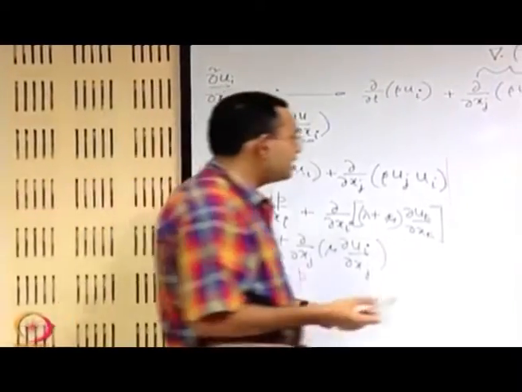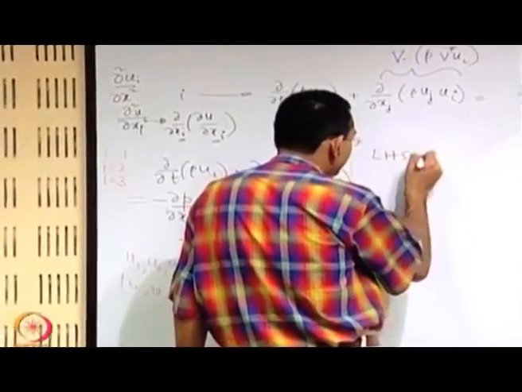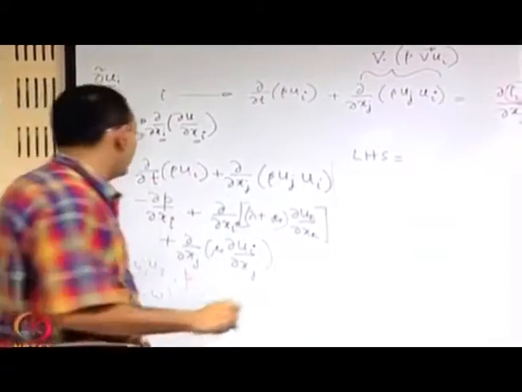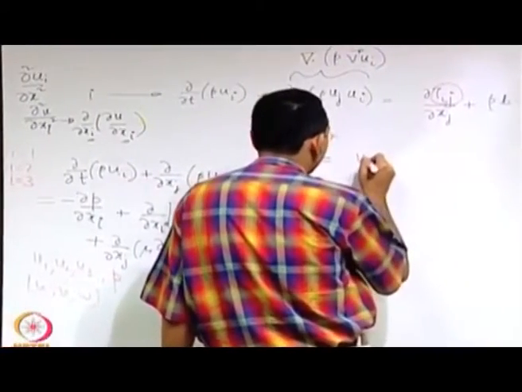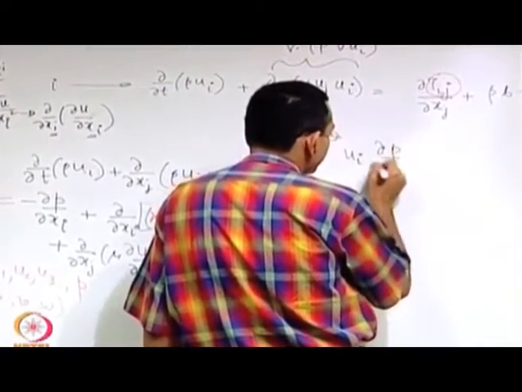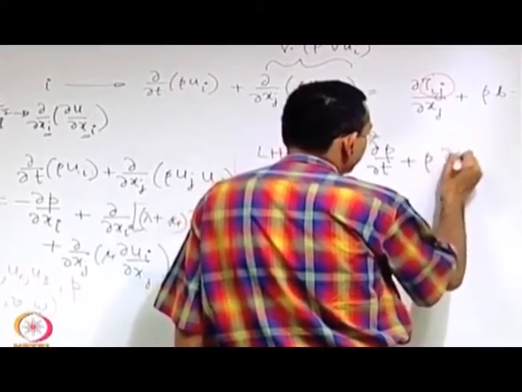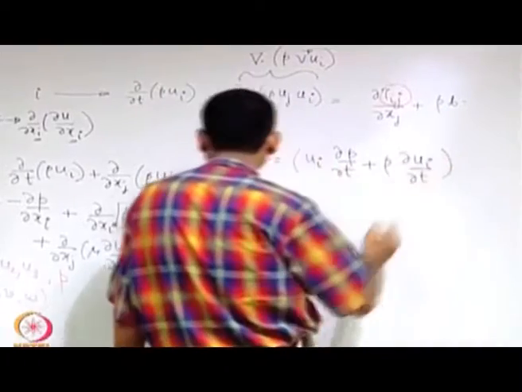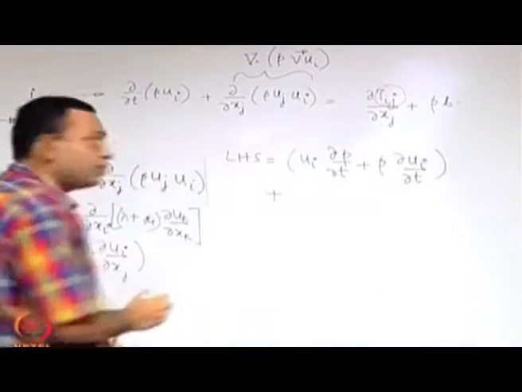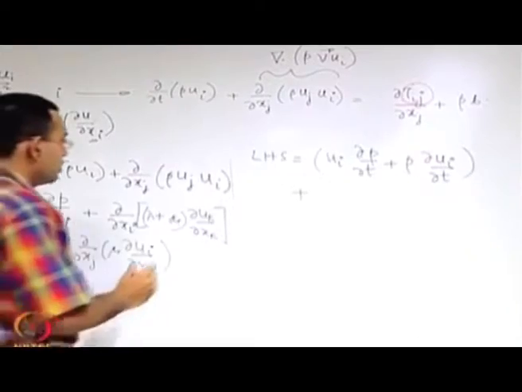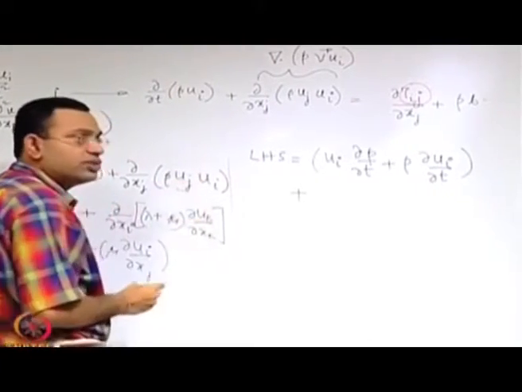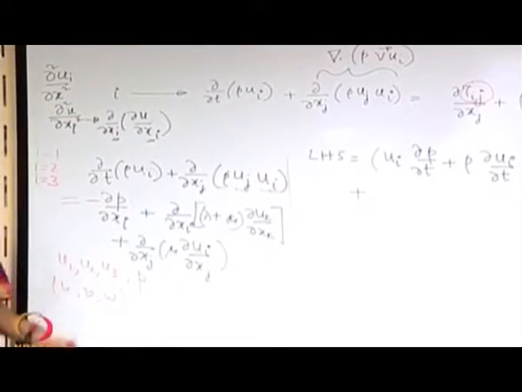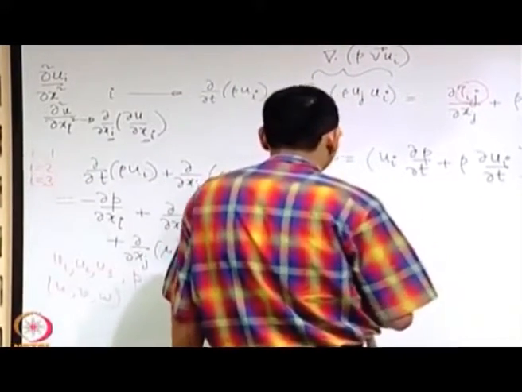To do that, let us write the left hand side. We will use the product rule of the derivatives and simplify it. So you can write this as ui, that is the first term, then for the next term you club up rho uj as one term and ui as another term and use the product rule of the derivatives.